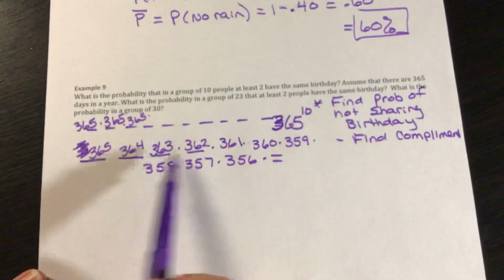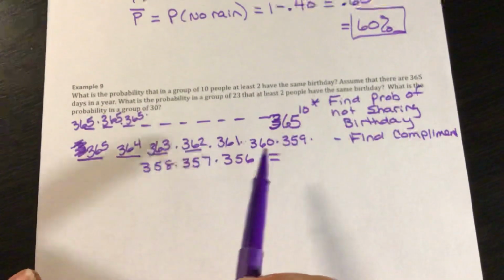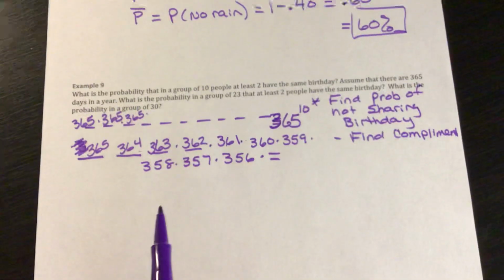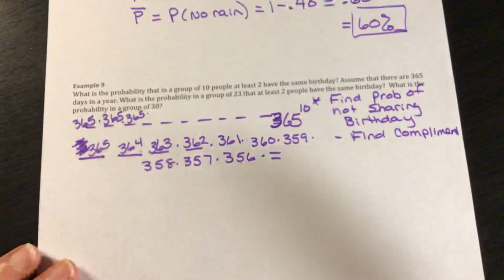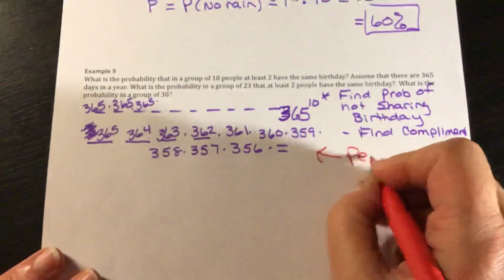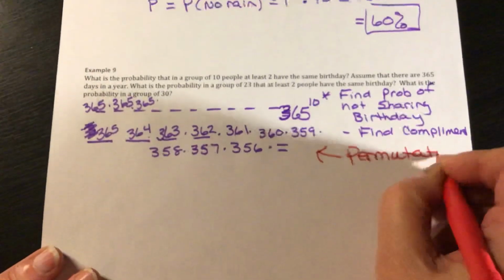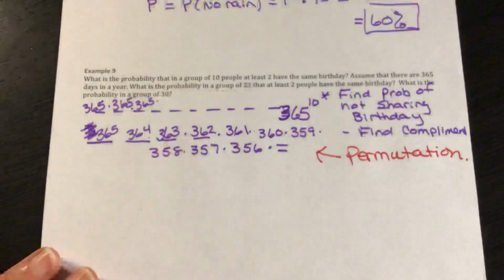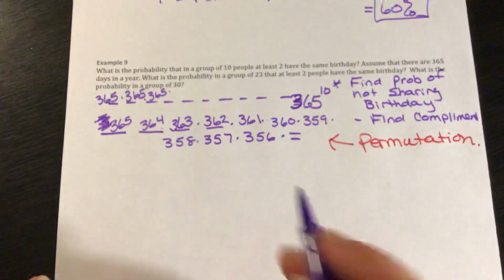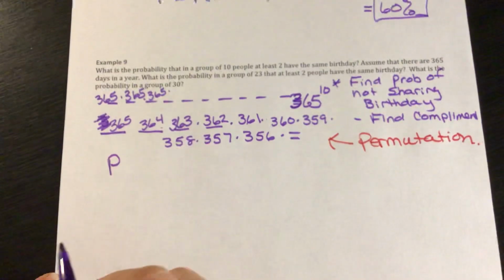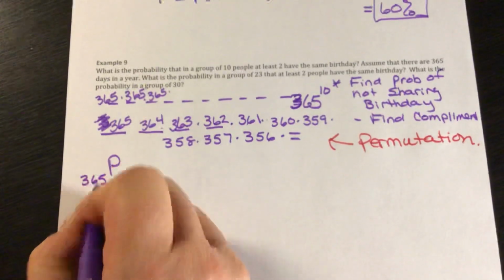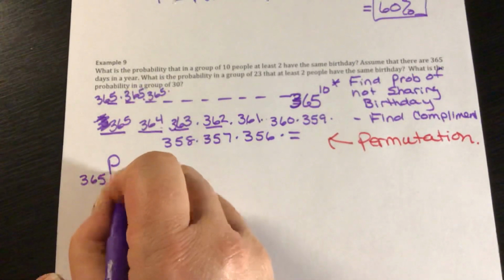All right, so I have 10 people, and everybody has a different birthday. Here, order matters, so this is a permutation. What we're really looking at is a permutation of 365 different days, and I'm choosing 10.